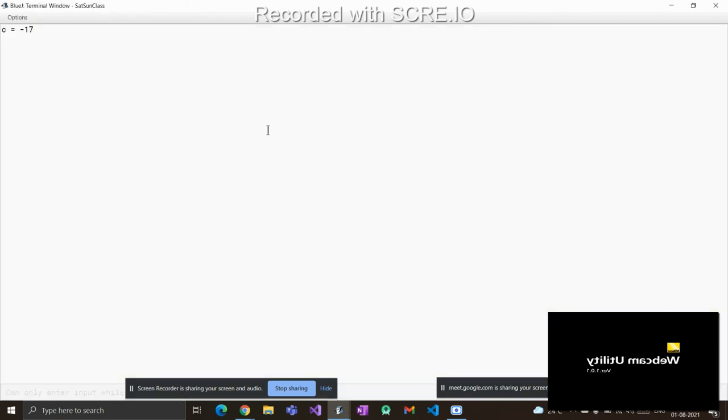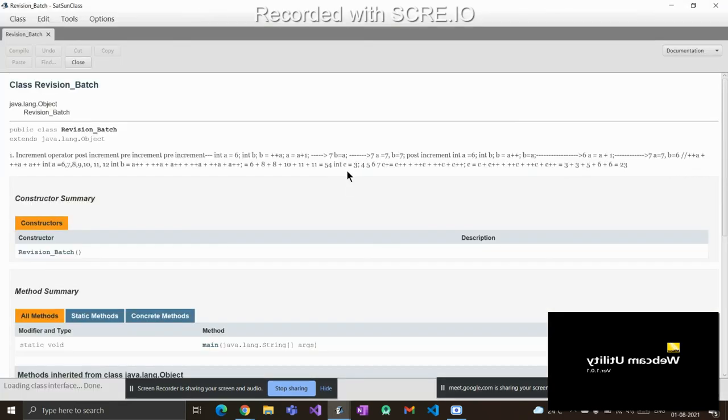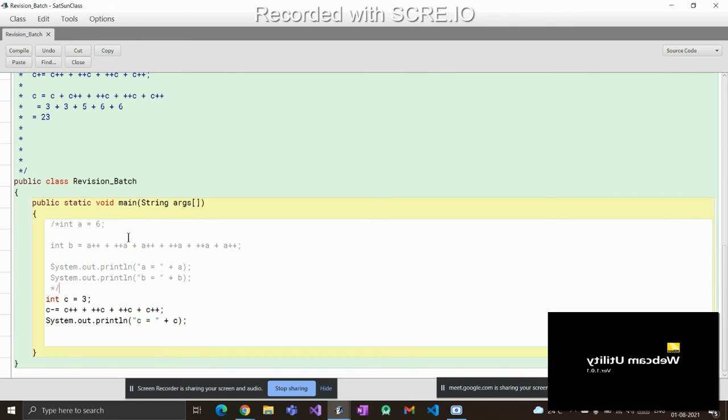What is the answer? Minus 17. And you got it as 17. How did this mistake happen? You lost 2 marks. Oh, what happened? That is documentation, so you have to change it. On the right hand side. Oh, documentation, so sorry. Source code. Okay, great.